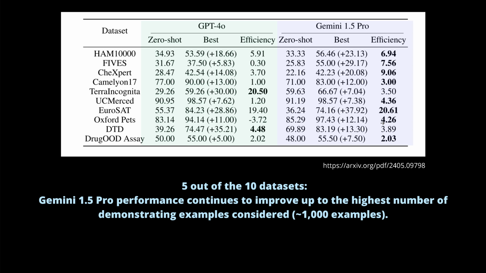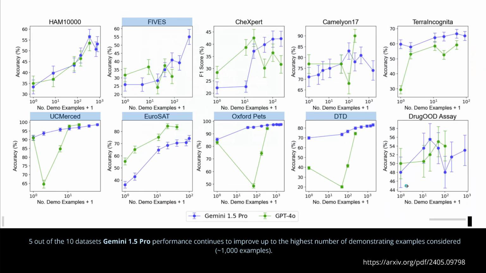And one sentence was, hey, out of these 10 datasets, the Gemini 1.5 Pro performance continues to improve up to the highest number of demonstrating examples in a prompt. Even if we go up to 1000 images, the performance goes up. And I said, wow, this is interesting. So let's have a look at this now in detail.